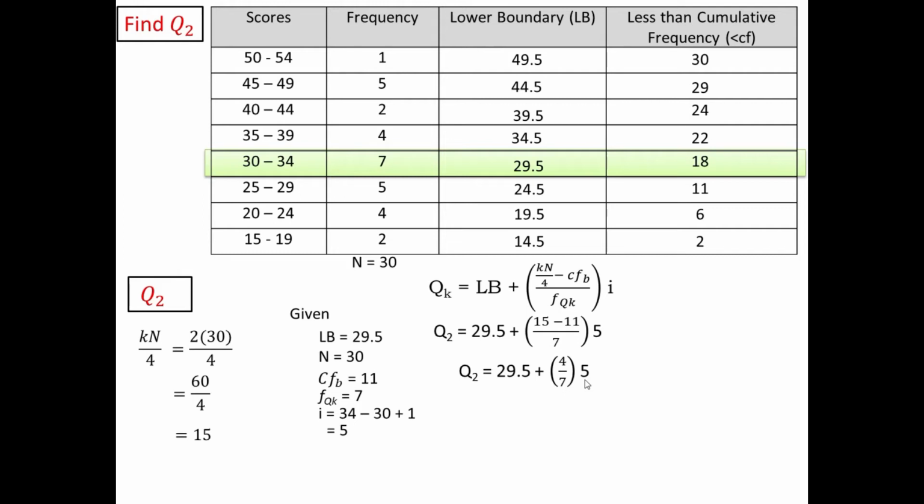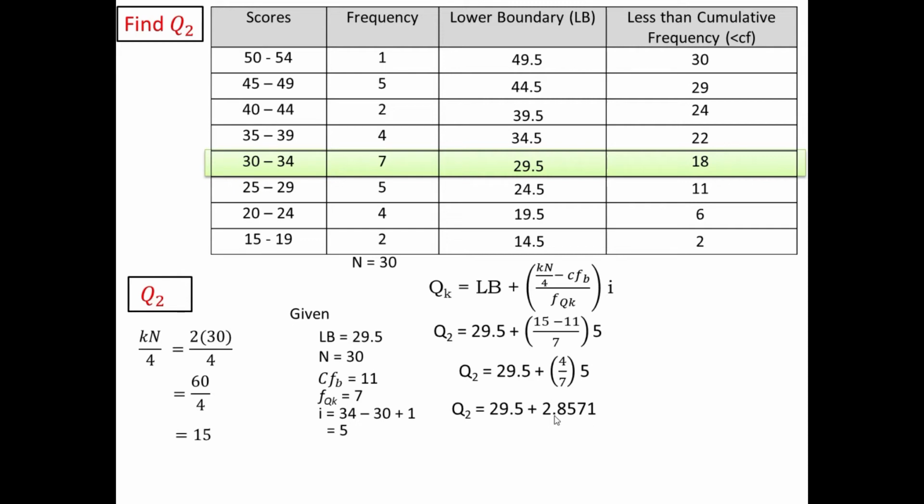Pero kung pwede mo siyang gawin sa iyong calcu ng rekta kaagad, sa final answer mas mainam. Doing that, we now have Q sub 2 equals 29.5 plus, so itong 4 divided by 7 times 5, ito yung lumabas. Actually, mahaba itong decimal, ni-round off ko na lang siya sa 4 decimal places.